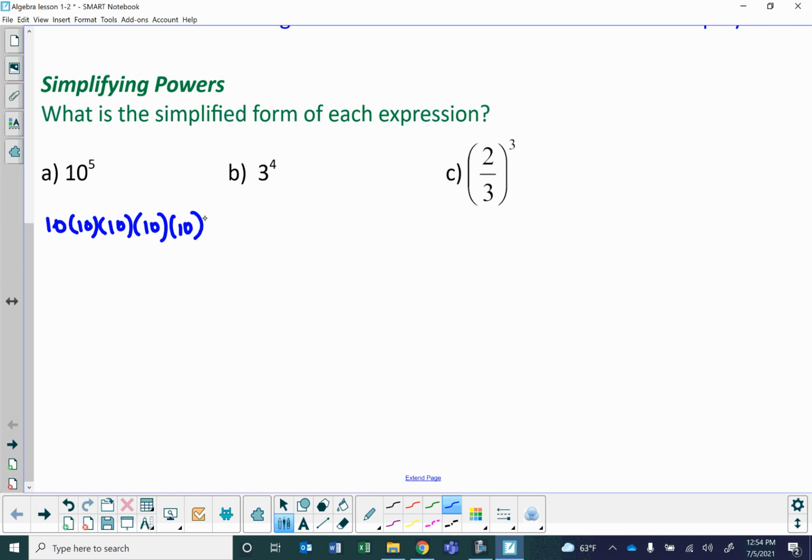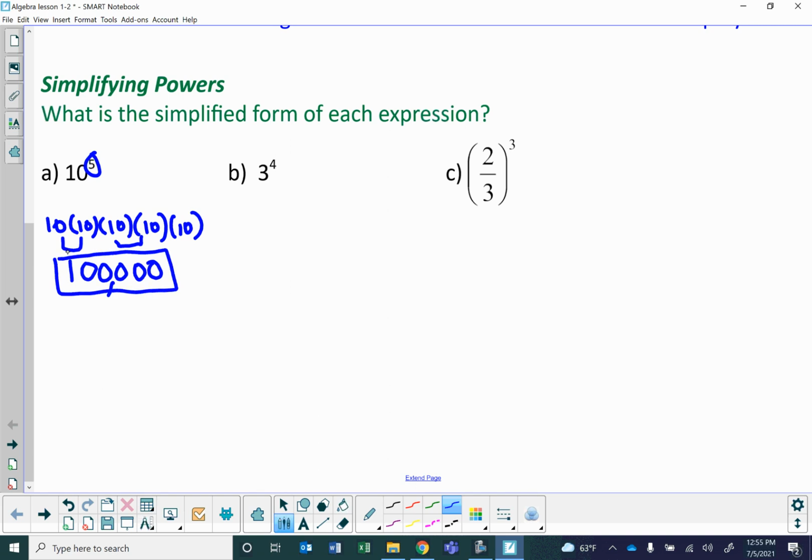We just write a 1 and make sure there are 5 zeros because it has an exponent of 5. So 10 to the 5th is 100,000, because 10 times 10 is 100, 10 times 10 is 100, and 100 times 100 is 10,000, and 10,000 times 10 is 100,000.